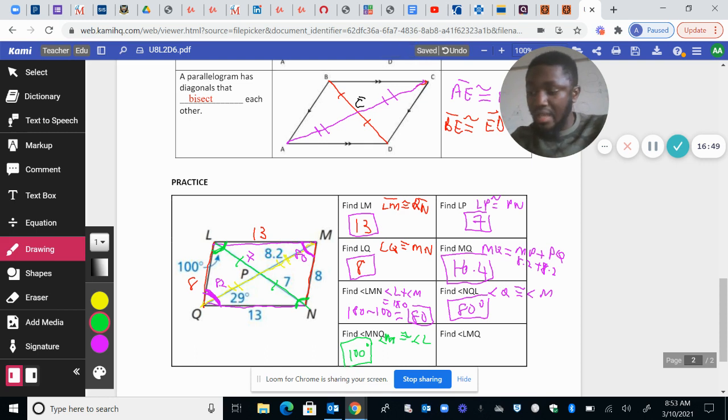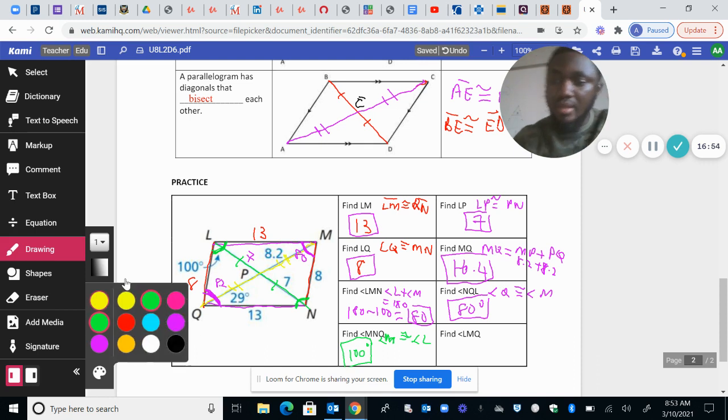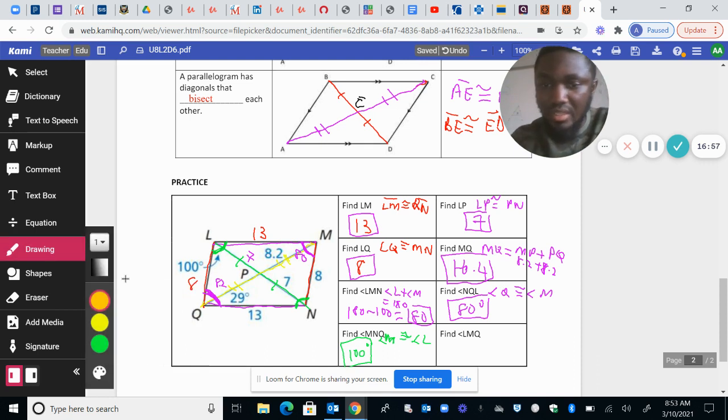And then lastly, LMQ. LMQ is just this angle somewhere here. We move from L to M and then to Q. As you can see, LMQ is congruent to MQN because they are alternate interior angles.